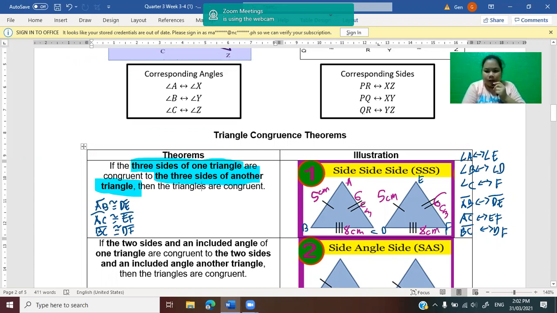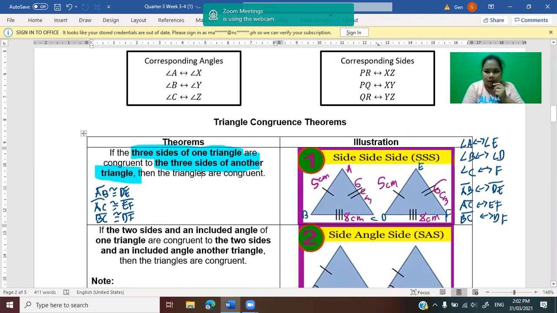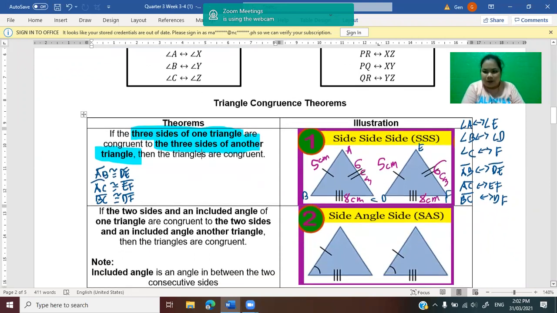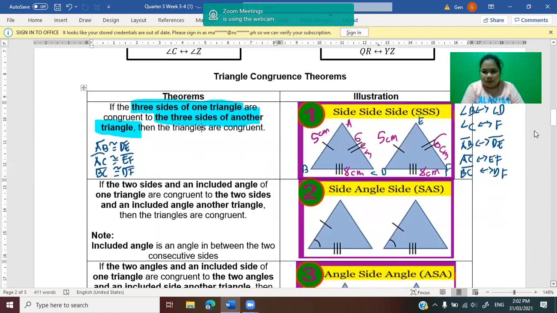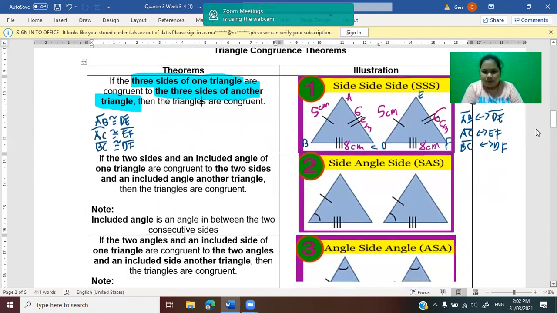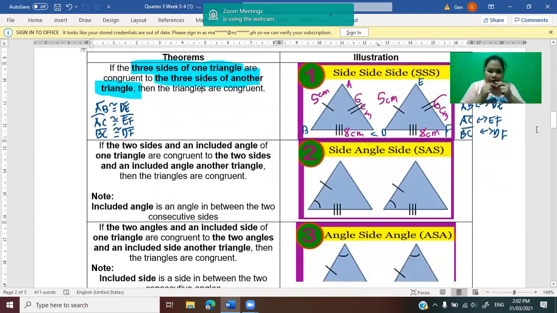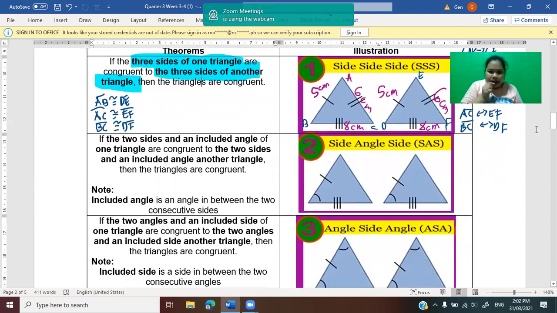Now, let us proceed to the second one. Okay, so the second one is the SAS congruence theorem. SAS means side angle side.